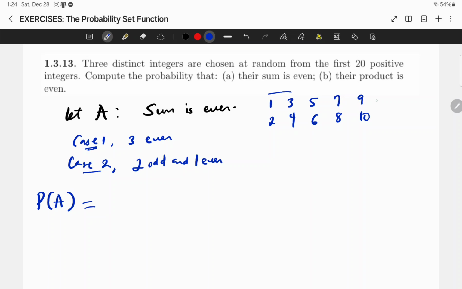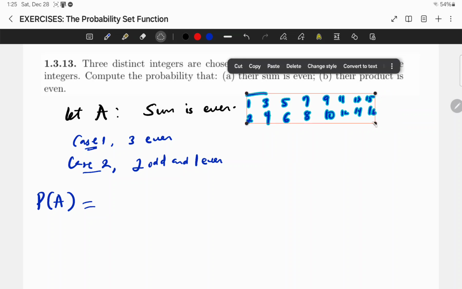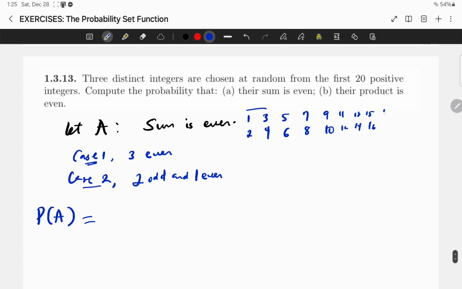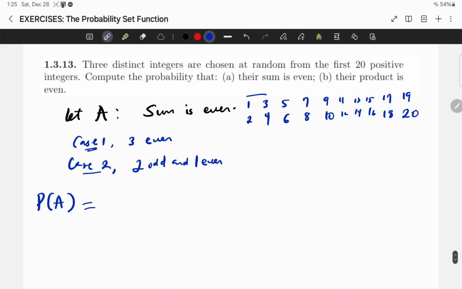So let me complete this: 11, 12, 13, 14, 15, 16, 17, 18, 19, 20. So we have 10 even numbers. Out of 10 even numbers, we pick 3.